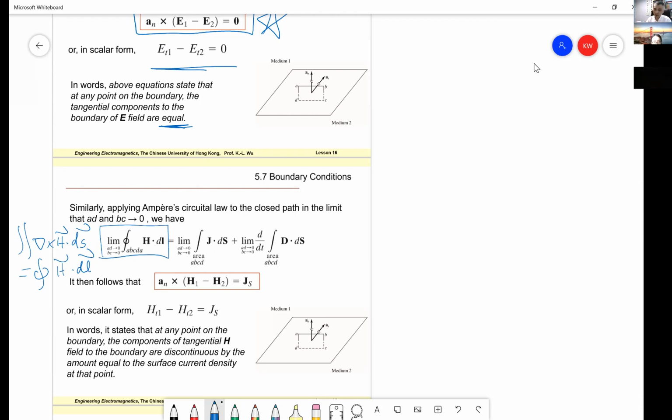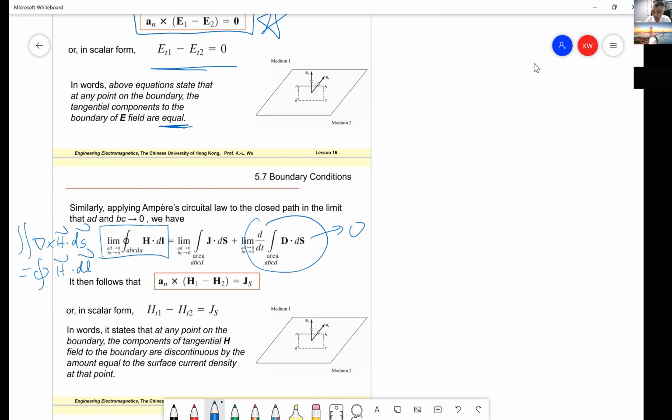On the right-hand side, also surface integration. And we already know that when we shrink this ABCD, pressing the BC and AD sides, this surface integration will be equal to 0.